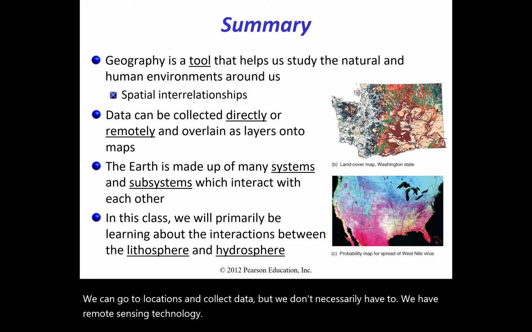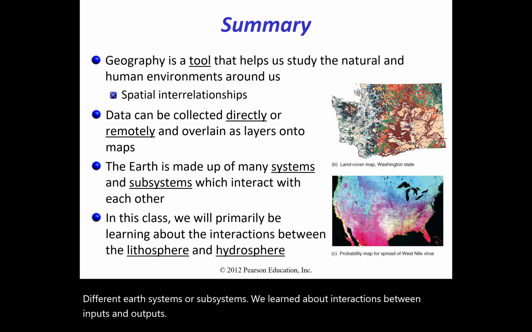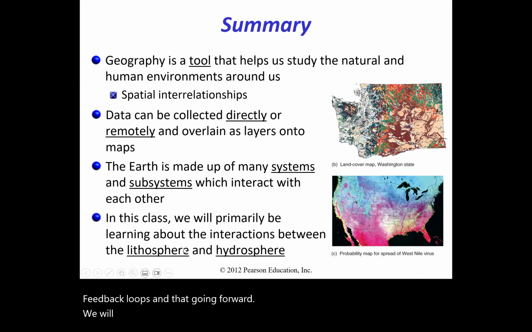We learned about systems, different Earth systems or subsystems. We learned about interactions between inputs and outputs, how that contributes to either positive or negative feedback loops, and that going forward, we will be learning about interactions between the lithosphere and the hydrosphere, mainly.